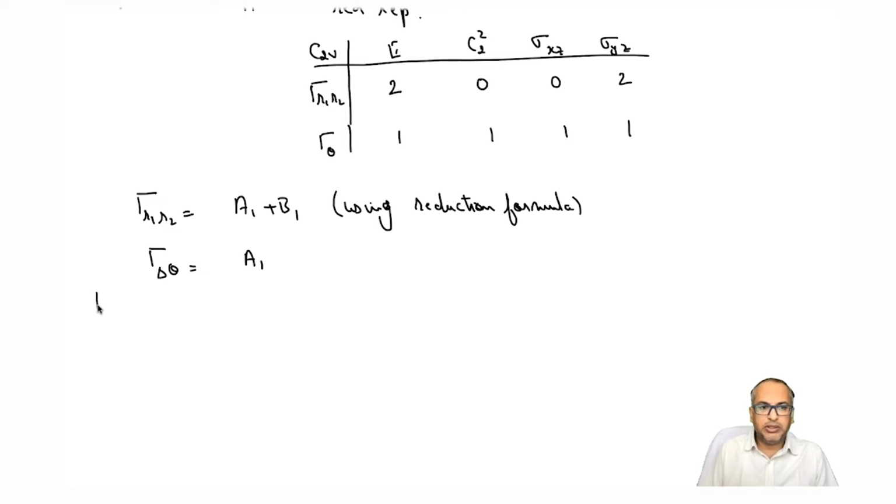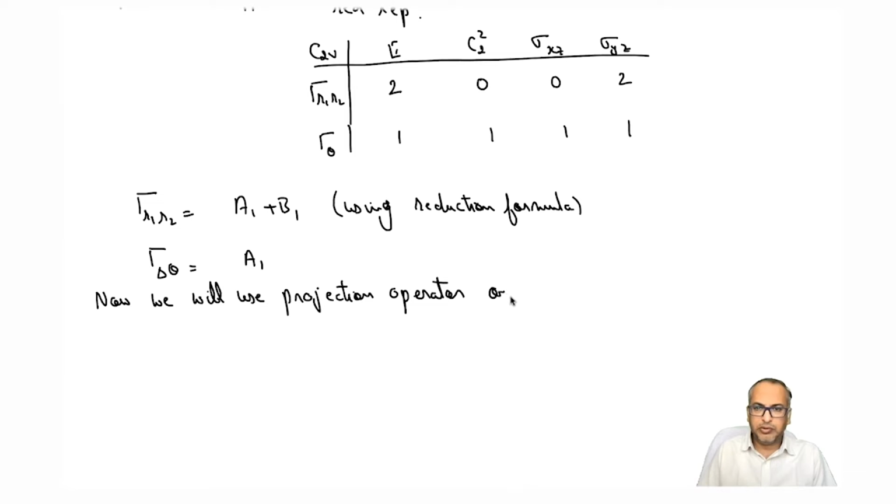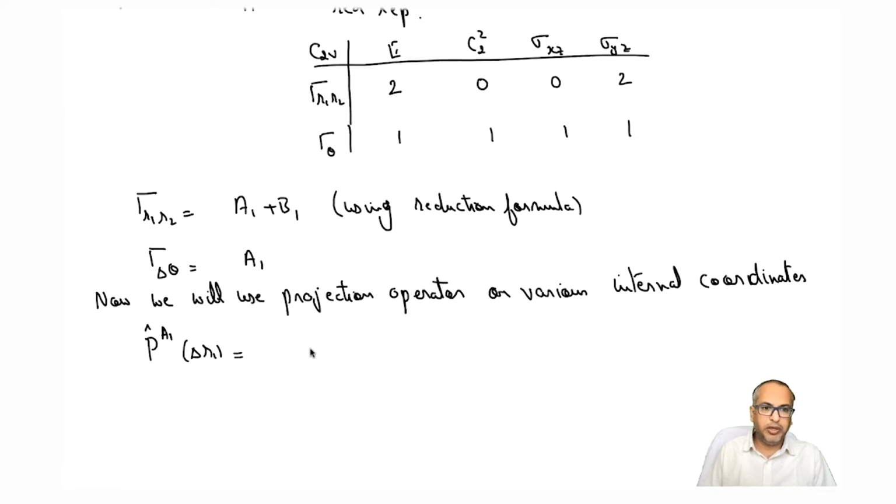Now we will use the projection operator on various internal coordinates. That means we will do projection of A1 onto delta R1. I'm sure you all know how to calculate this.